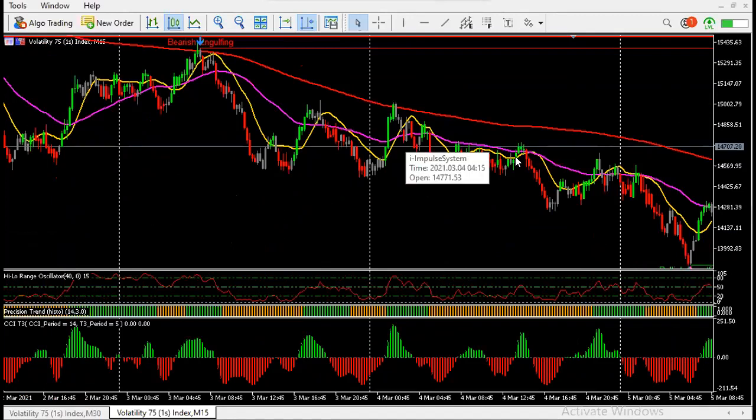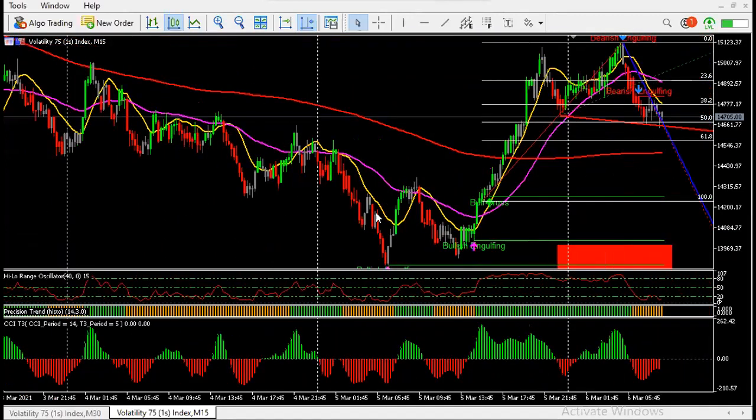If you notice, the market keeps going down every single day until we got to this point where we had a W formation. Then what happens? We get a bullish engulfing pattern and a bullish cross. Notice that the price is now above the purple. So that is a clue that this might be going up.